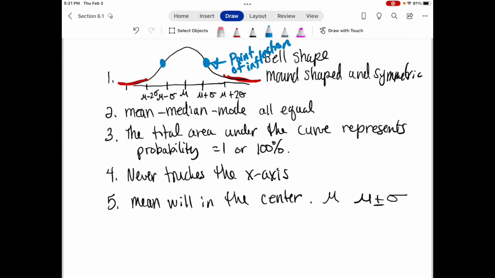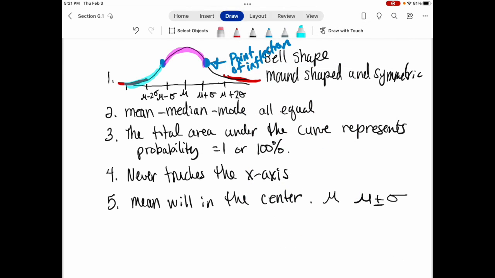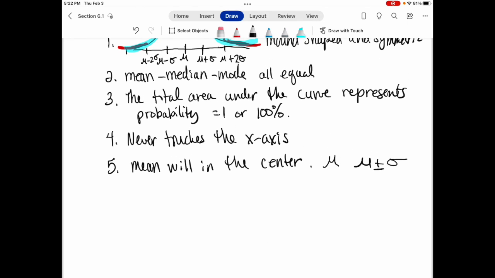And that's the point on the graph where the graph goes from concave down, which looks like it's facing down, to concave up, where it looks like it's facing up. Okay, and when you do a quick approximation of where you think that point of inflection is, that's approximately where that first standard deviation should start. So let's put that also under here.